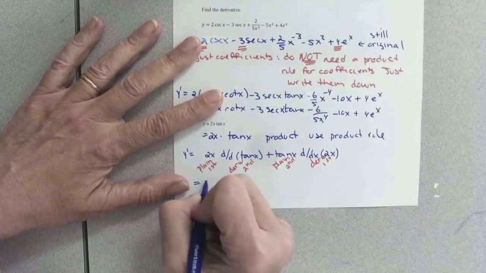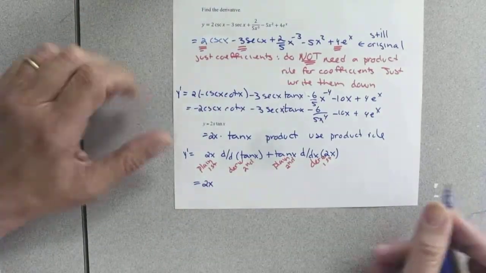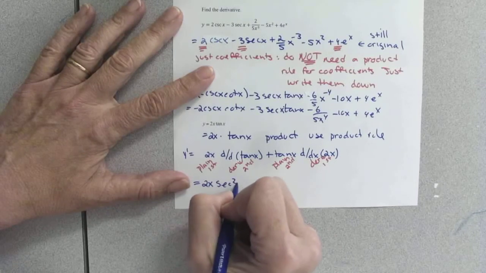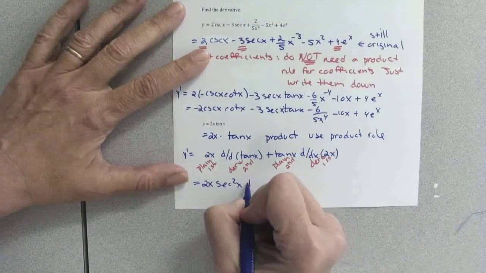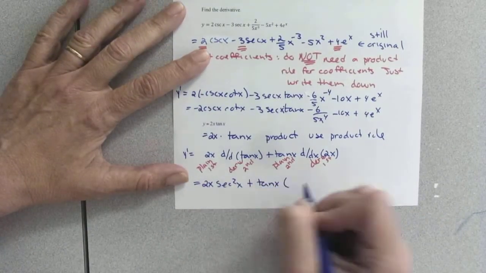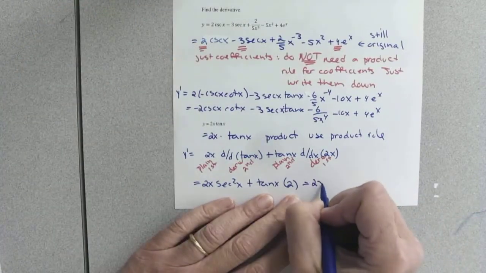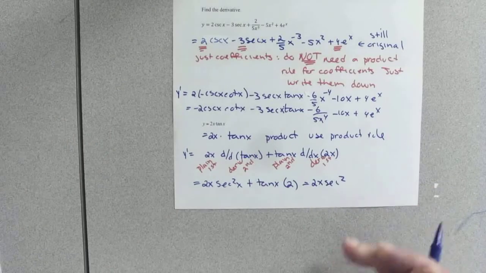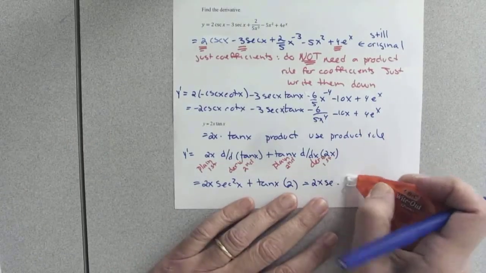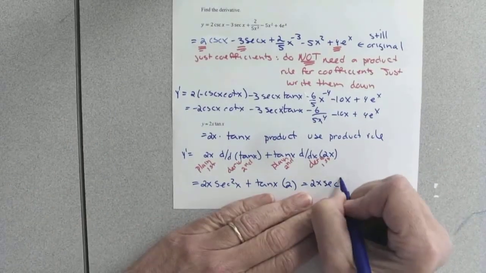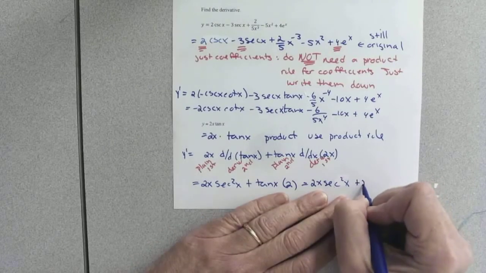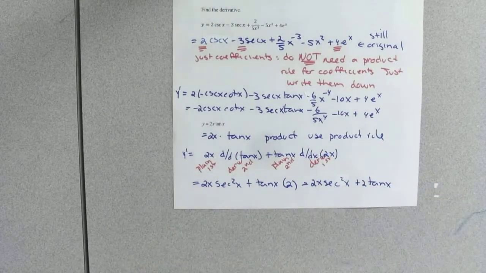Now actually doing it. Play first, leave it alone. The derivative of tangent x is secant squared x. Play second, leave it alone. The derivative of 2x is 2. And then all we really would do to simplify this is that the 2 is going to look prettier in front of the tangent than behind.